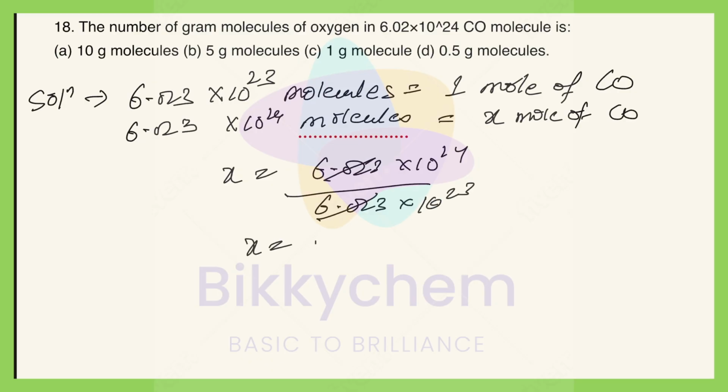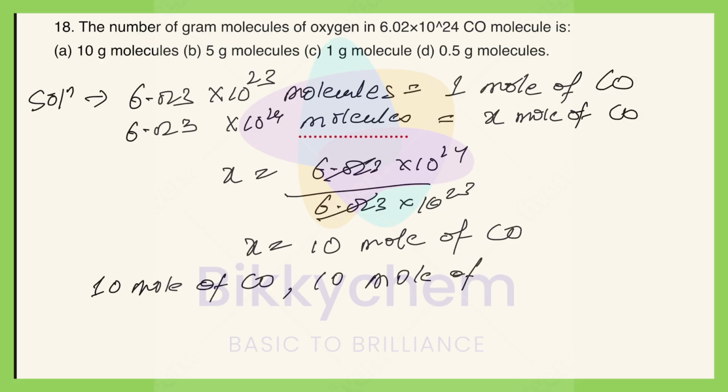Cancel. So X will be 10 mole of CO. We know that in CO, carbon and oxygen atoms are in equal number. So 10 mole of CO means there are 10 mole of O atoms, that is 10 gram atoms of oxygen.